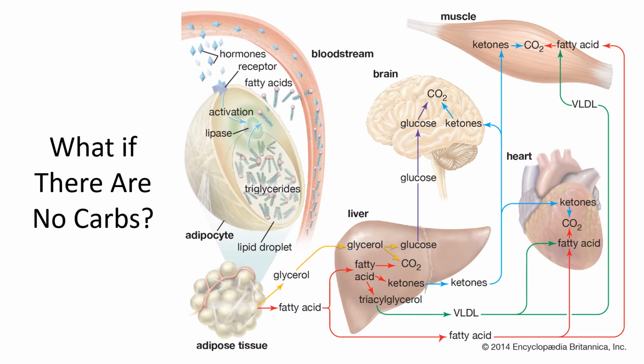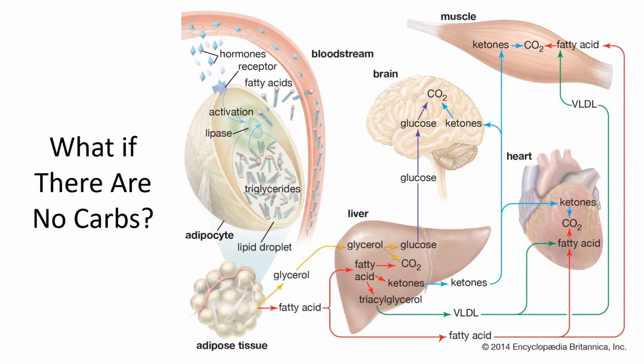The fatty acids are broken down into molecules called ketones, and these are just simple little molecules that have that ketone functional group within them. And they travel to the brain, and if you're on a totally carb-free diet, they'll be the major source of food and nutrition for the brain.